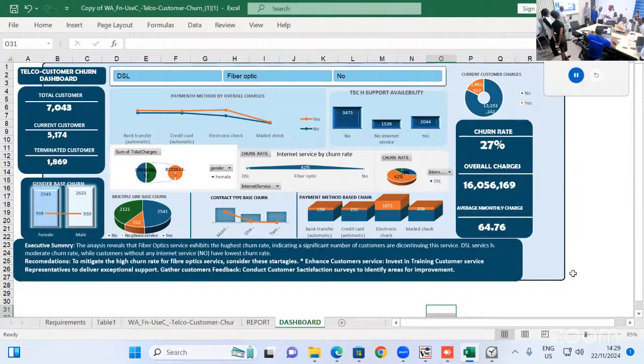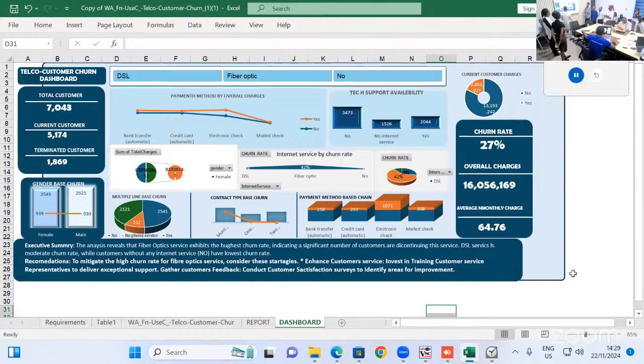Coming to the internet service, we discovered that fiber optic has the highest churn rate at 42%, compared to DSL and No internet service at 19% and 7%.